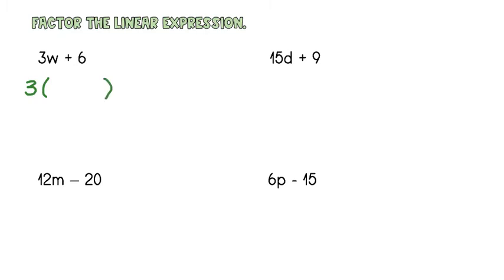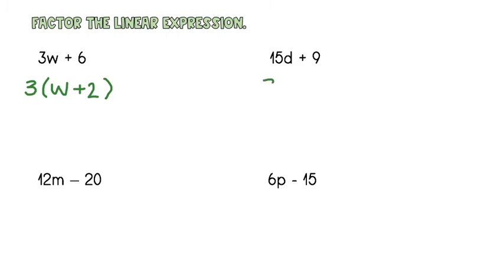And now working backwards, 3w divided by 3 gives me 1w, and 6 divided by 3 gives me 2. 15d + 9. Both of these numbers can be divided by 3.